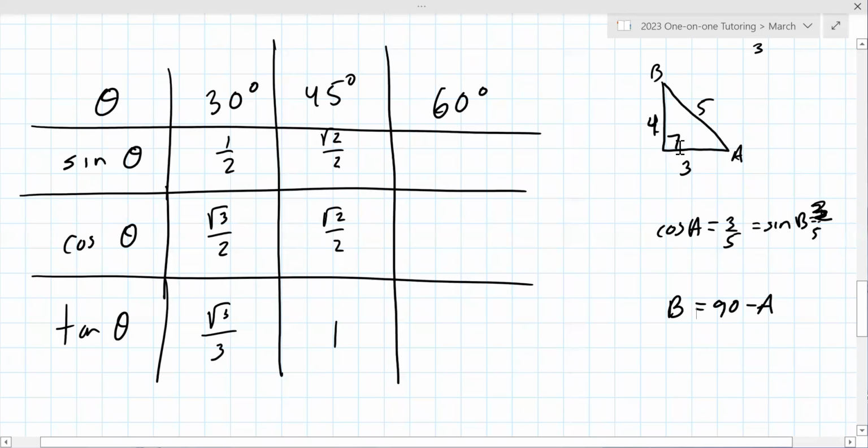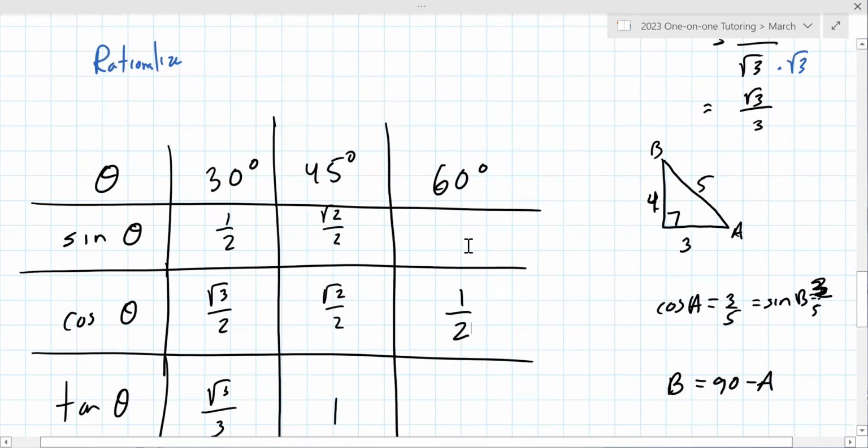So if this one's 90, what do the other two angles have to add up to? 90. So if you solve this for B, do you get B equals 90 minus A? Yes. Okay. So the sine of 30 equals the cosine of 60.